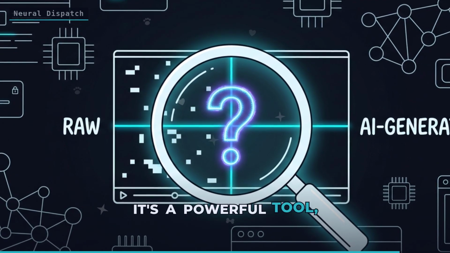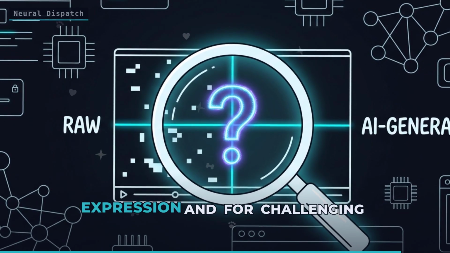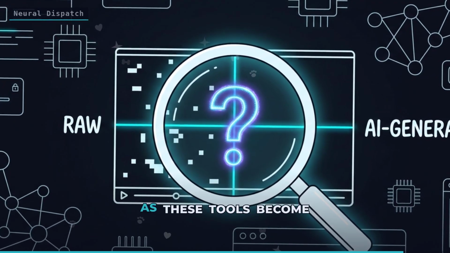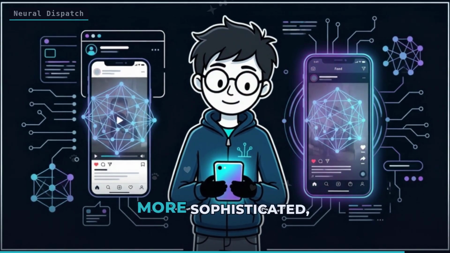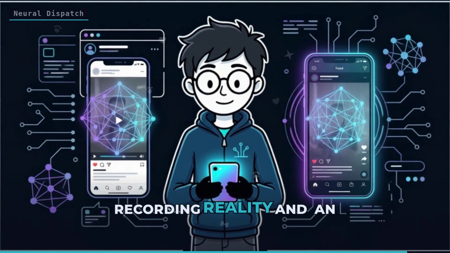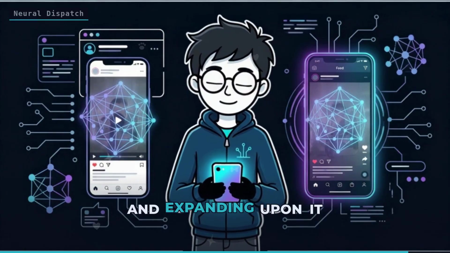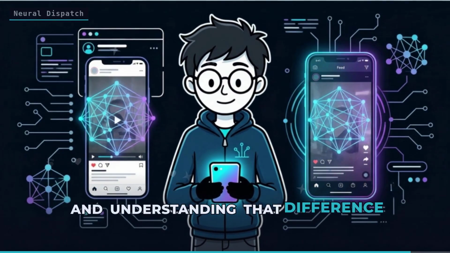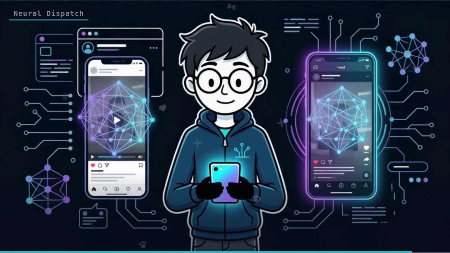It's a powerful tool, both for creative expression and for challenging our assumptions about what's real in a video. As these tools become more sophisticated, the distinction between a camera recording reality and an AI interpreting and expanding upon it will continue to fade. And understanding that difference is going to be more important than ever.